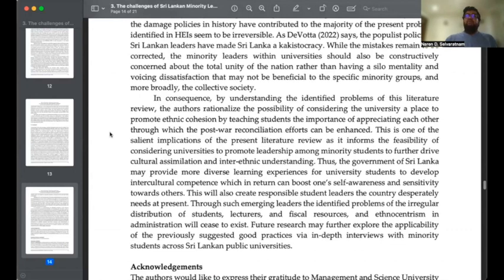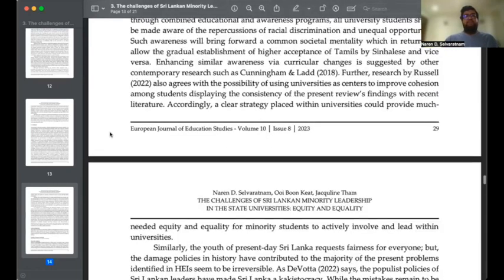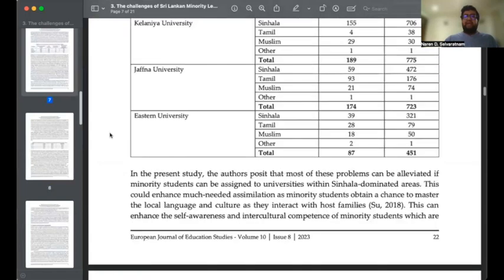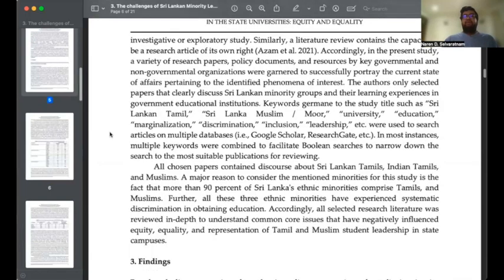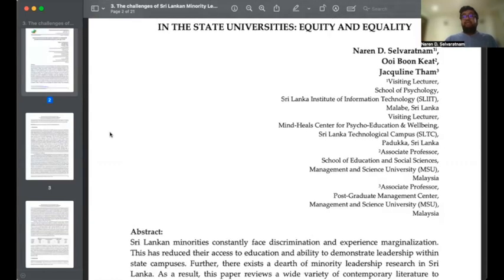So this is how you would write a review paper. If you notice, it doesn't necessarily have the usual components that you would find in a research paper, but still it has a bit of a system. It has an abstract, an introduction, a method section, and some basic findings.